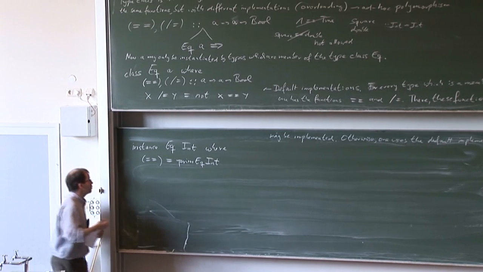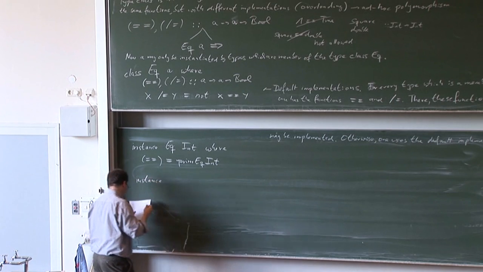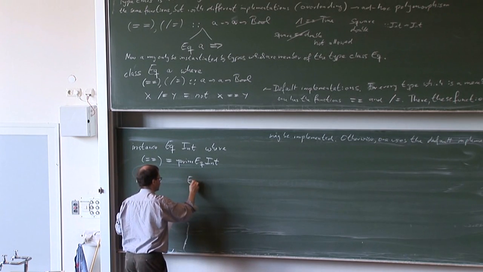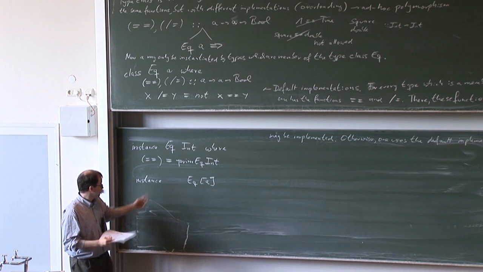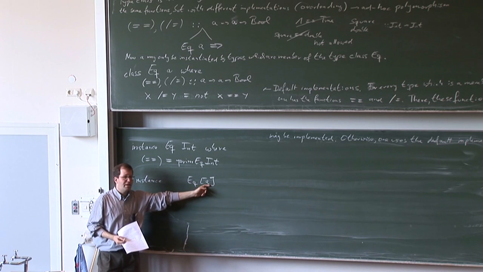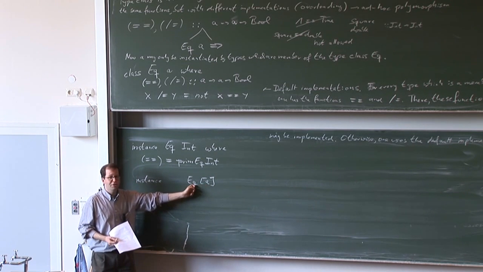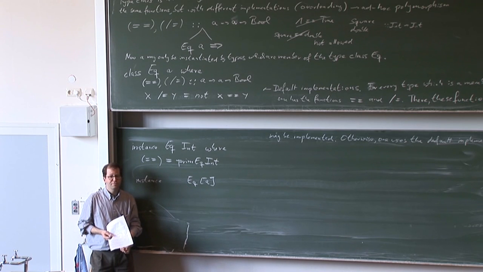So we do not want to write something like "instance of..." So this is something we don't want to write, because if we write that, it would mean that all list types are member of EQ, but we don't know how to compare lists of functions.